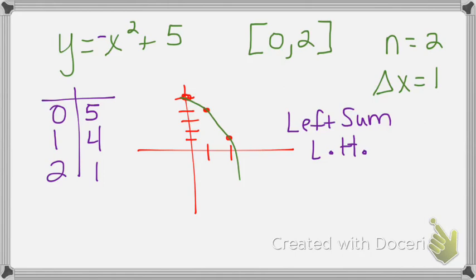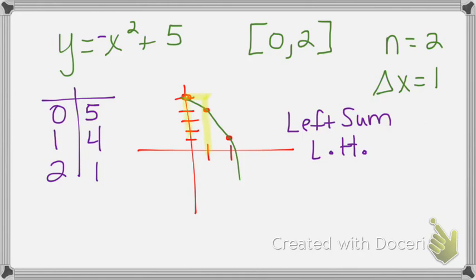Okay? So I start over here on the left, so I start at 0. If that was 1 to 6, I'd start at 1. Okay? But I'm going to start at 0, and I'm going to make a rectangle as high. I've already figured out my width is 1, so I'm going to make a rectangle from there to there, and I'm going to come down to the x-axis.